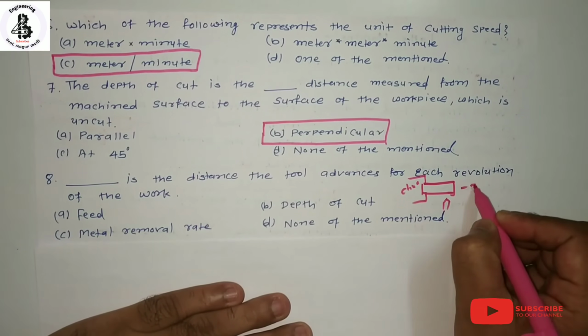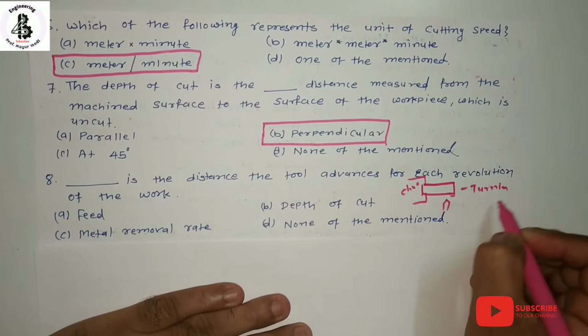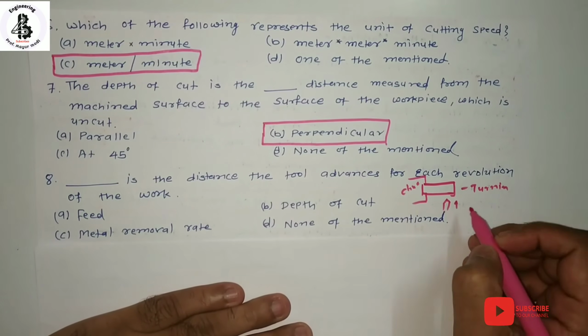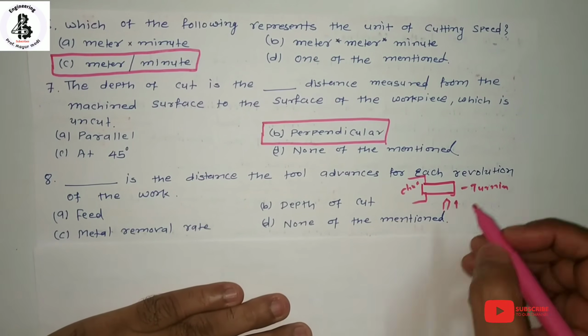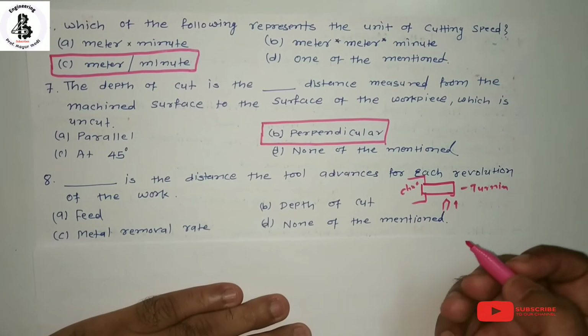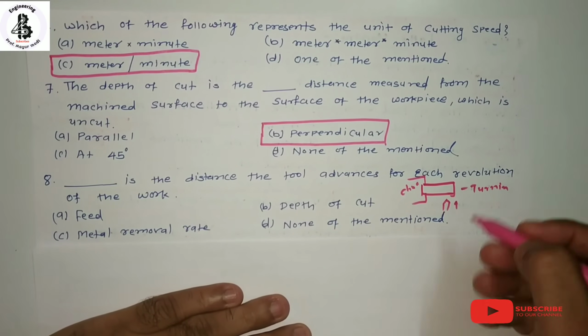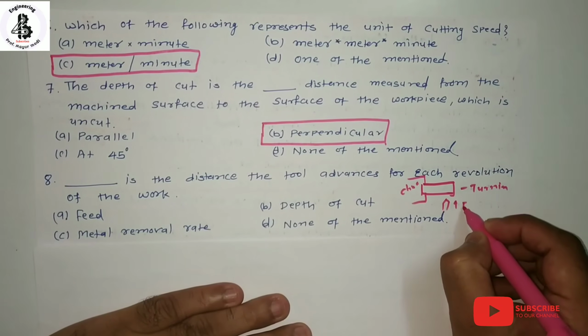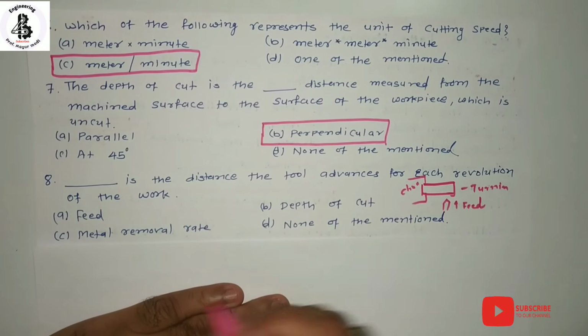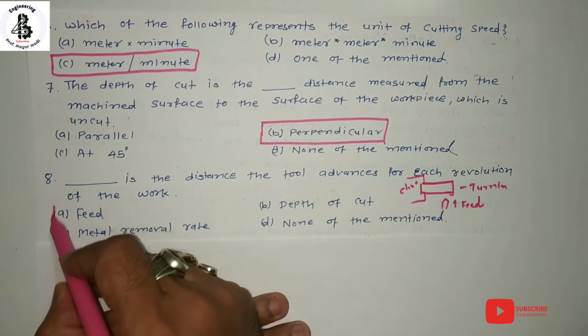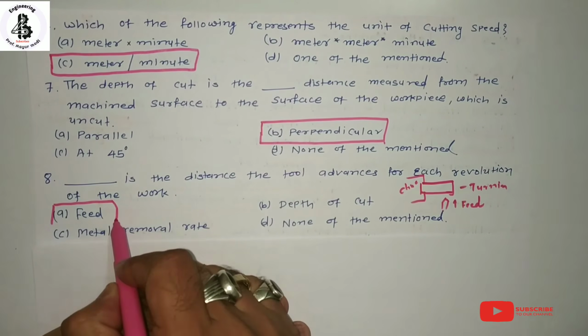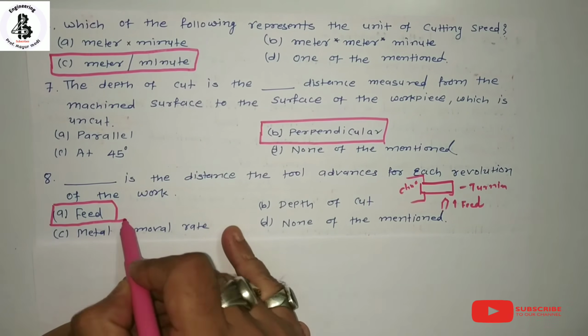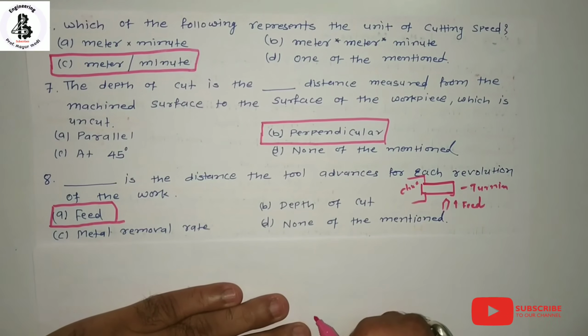For the turning operation, the tool is being fed, or you can say it advances, for each revolution of the workpiece. So that will be called a feed. So option A, feed, is the distance the tool advances for each revolution of the work.